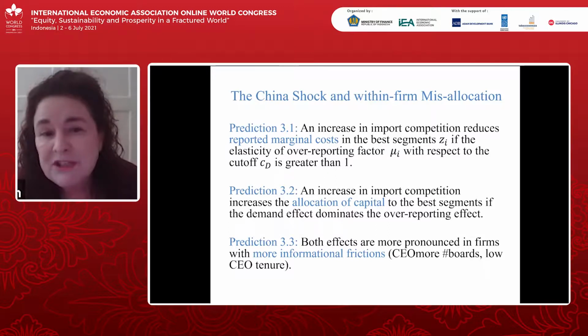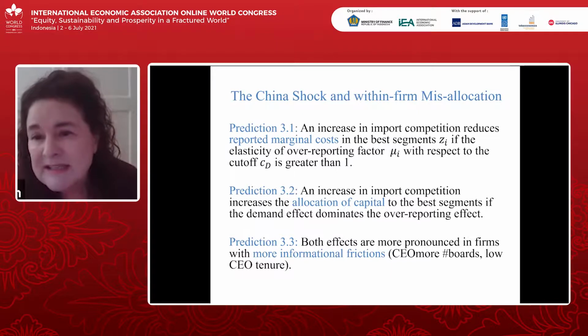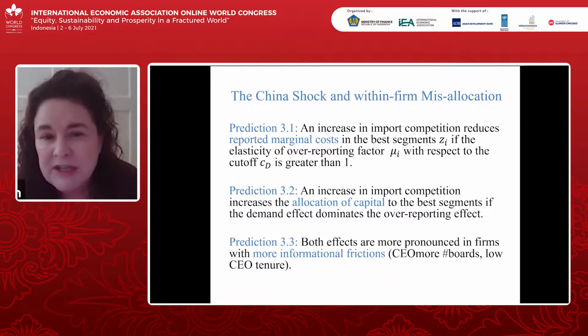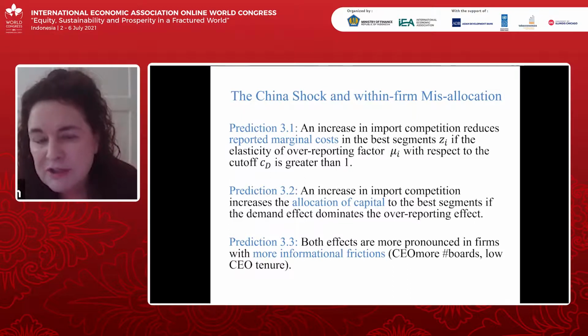The second prediction is that an increase in import competition increases the allocation of capital to the best segments if the demand effect dominates the over-reporting effect. And the third prediction is that both effects are going to be more pronounced in firms with more informational friction.